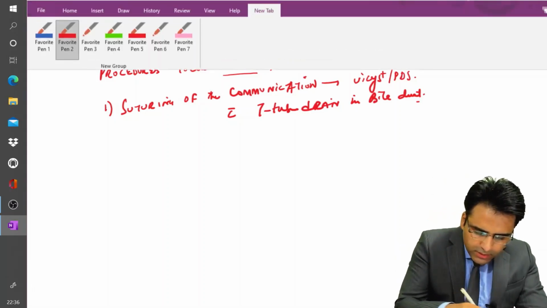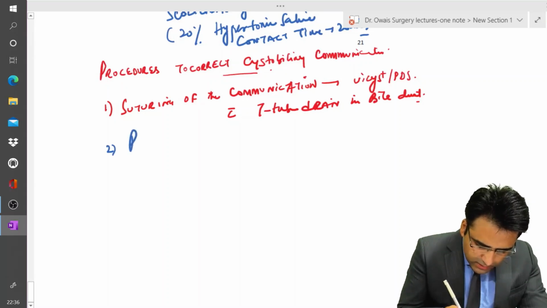Now another important method is termed the Perdomo procedure.